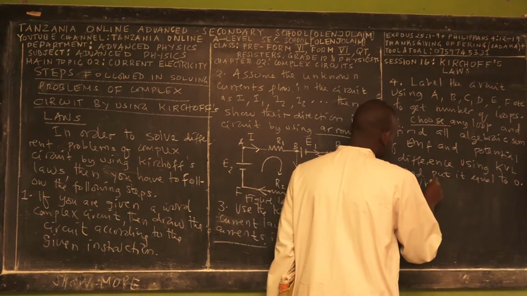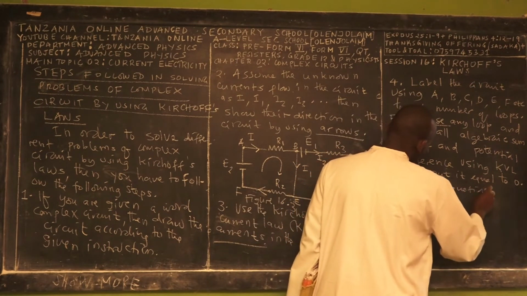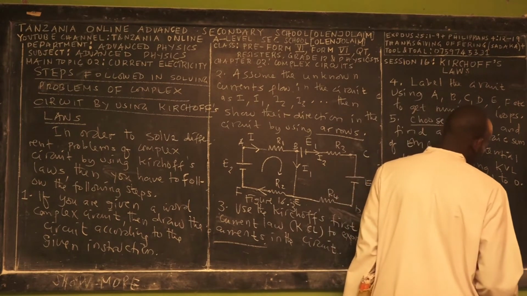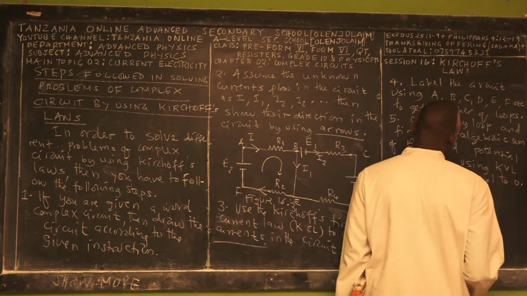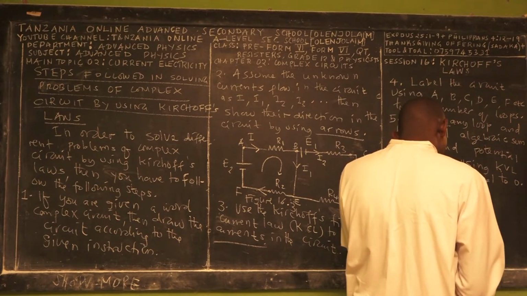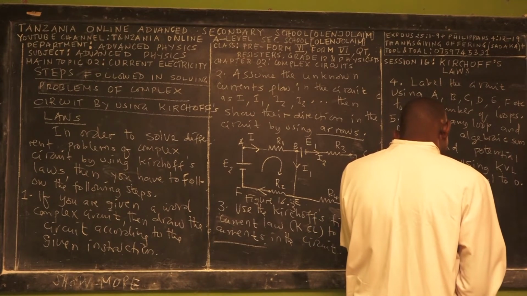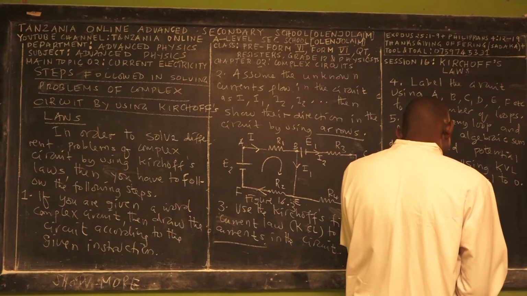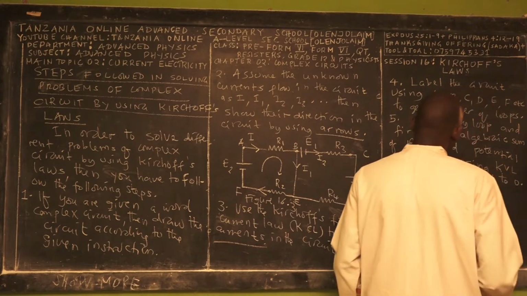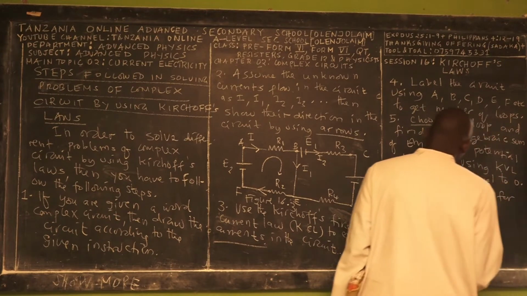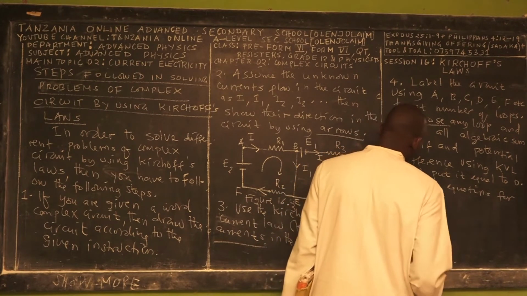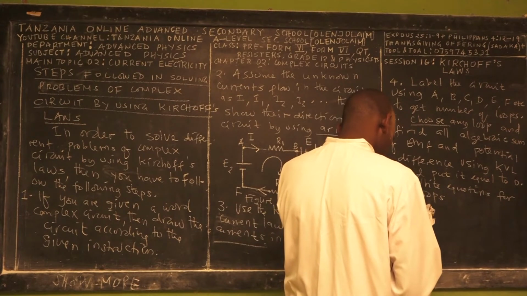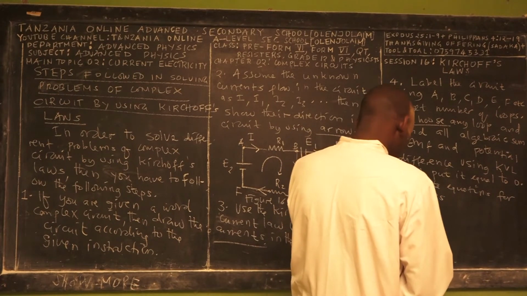The sixth step: write equations for many loops and solve simultaneous equations.